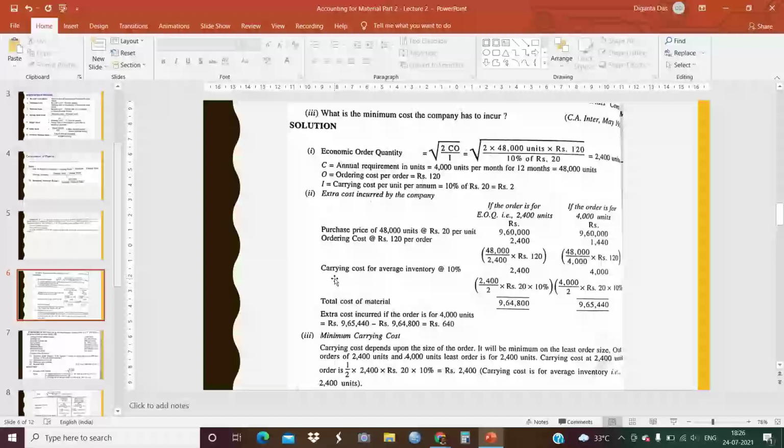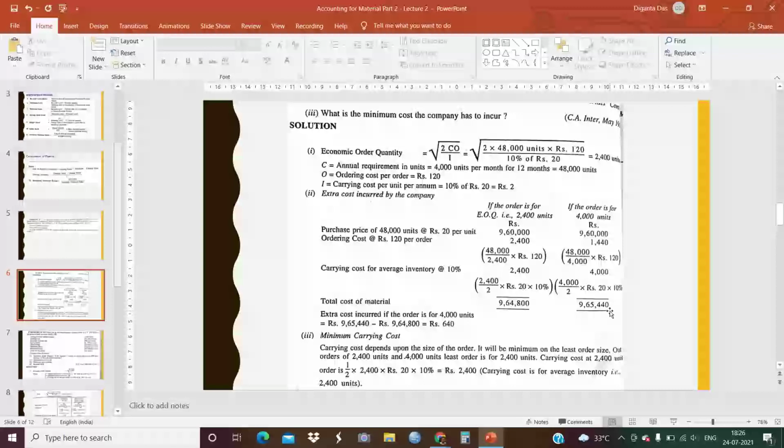Half of quantity: first, half of the economic order quantity, 2,400 divided by 2 into 20 into 10%. Next, at 4,000, half of 4,000 into 20 into 10%. So total it. At EOQ, it will be 9,64,800. But when we place 4,000 at a time, the total cost will be 9,65,440.